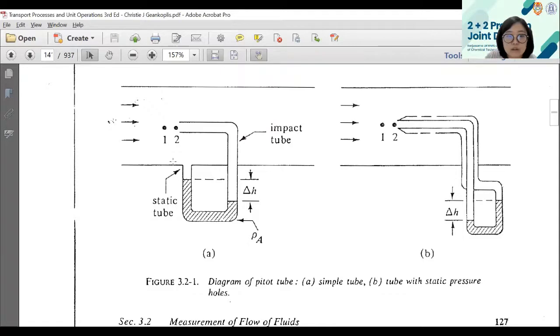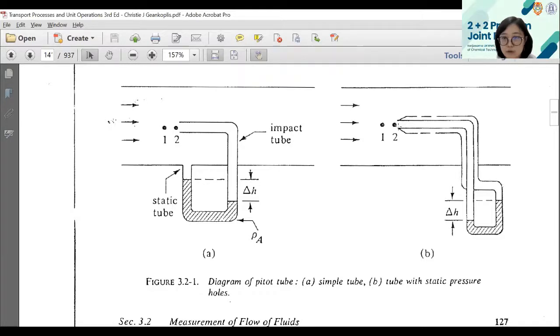The flow near the wall usually does not have a fast velocity, so it only gives a small pressure, while the flow in the middle usually has a larger velocity, so it gives more impact and more push to the manometer.